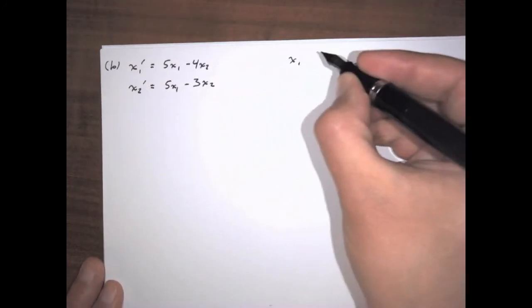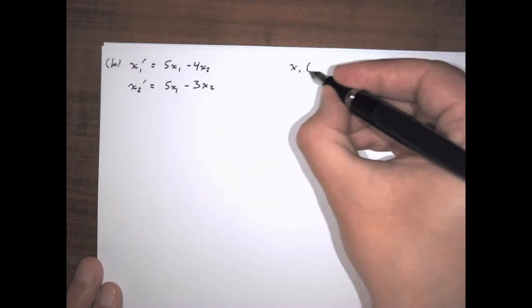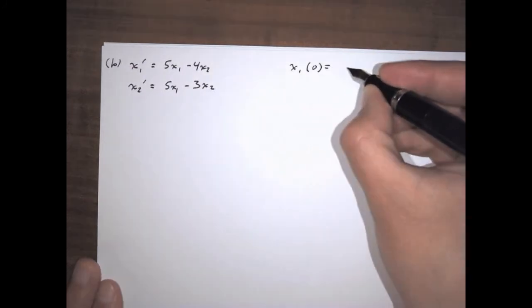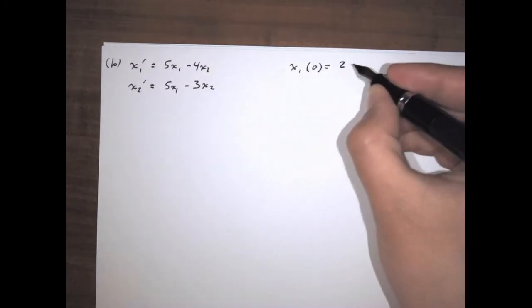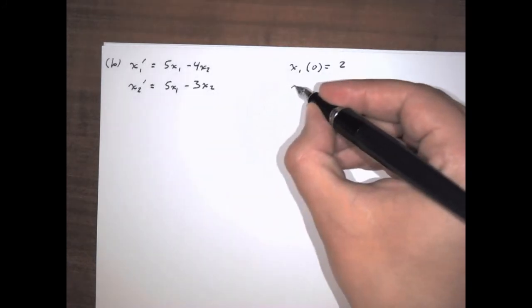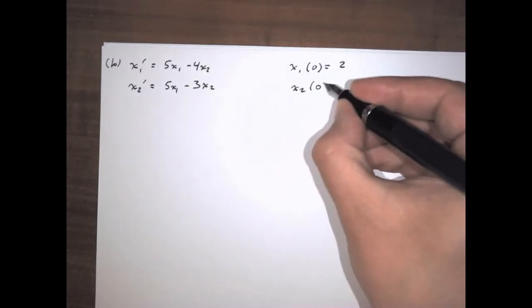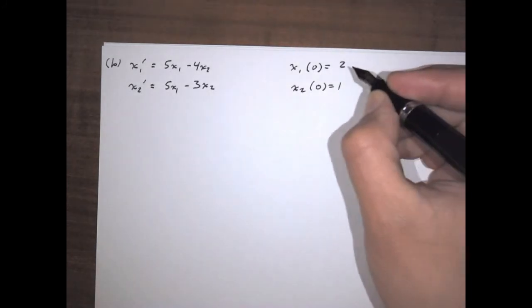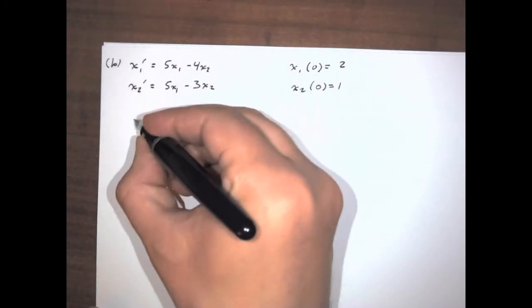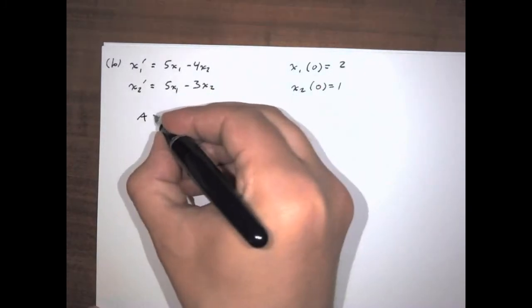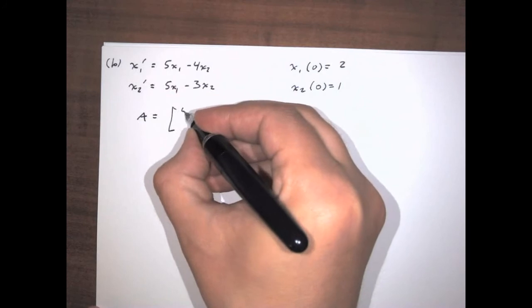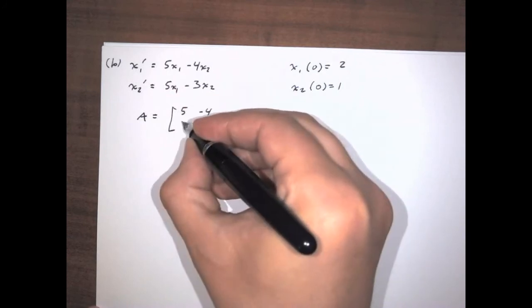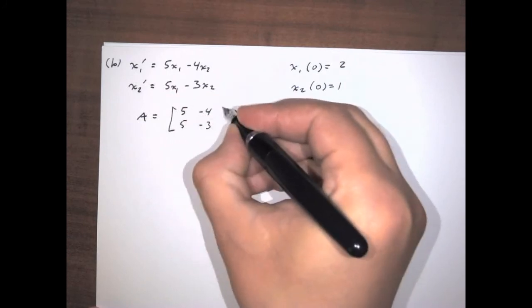Initial conditions, x1 of 0 is going to equal 2, x2 of 0 is going to equal 1. Alright, so A is going to equal here (5, negative 4; 5, negative 3).